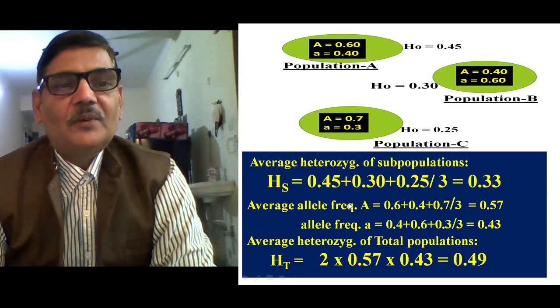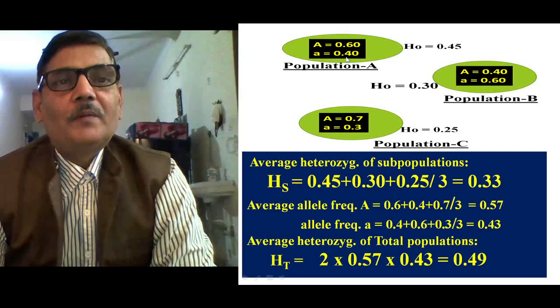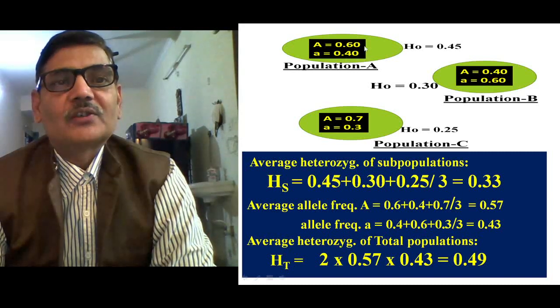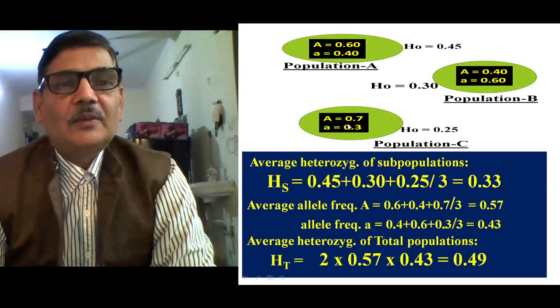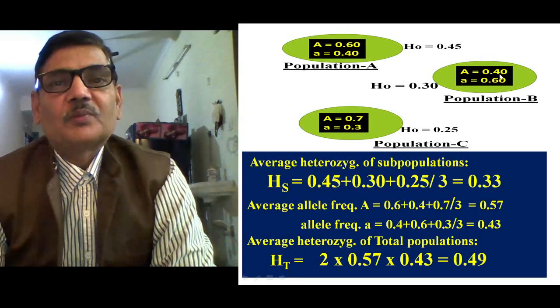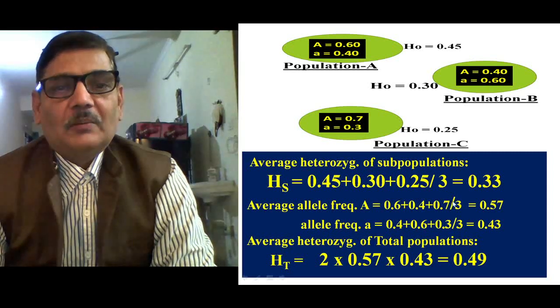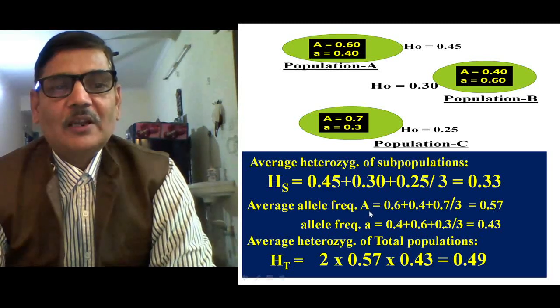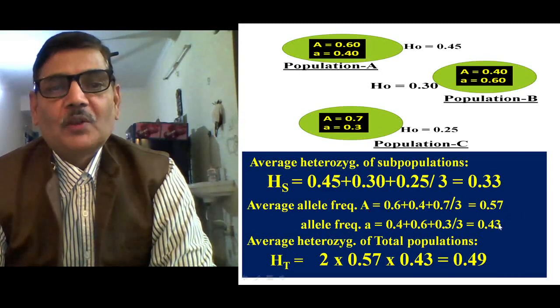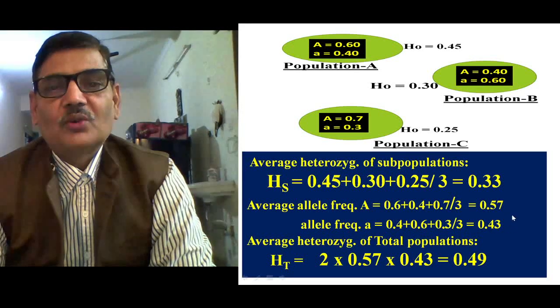For getting the average allele frequency of capital A, we will add up these values: 0.6 of population A, then 0.4 of population B, then 0.7, which is the frequency of capital A in population C. So 0.6 plus 0.4 plus 0.7 divided by 3, this value comes 0.57, and this is the average allele frequency of capital A. If the frequency of capital A comes 0.57, then definitely the allele frequency of small a will be 0.43, because the total of these two will be equal to 1.